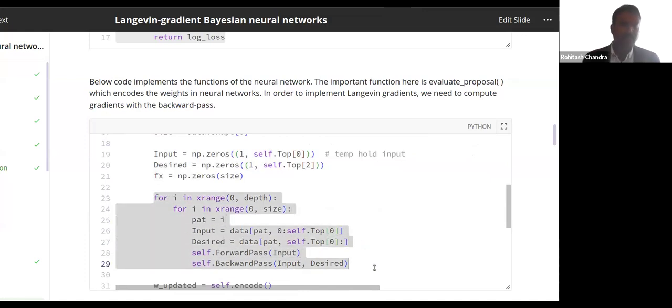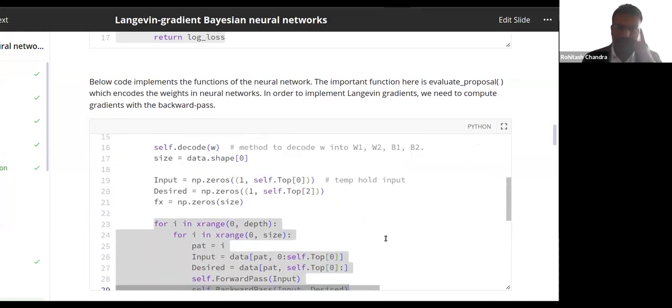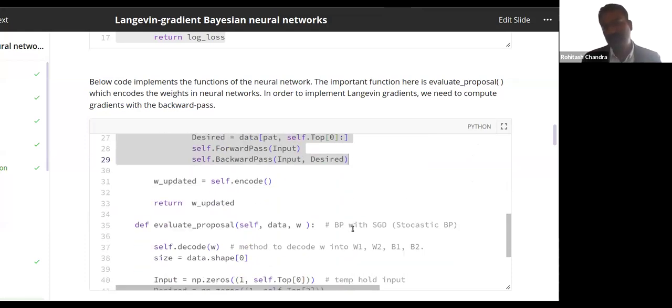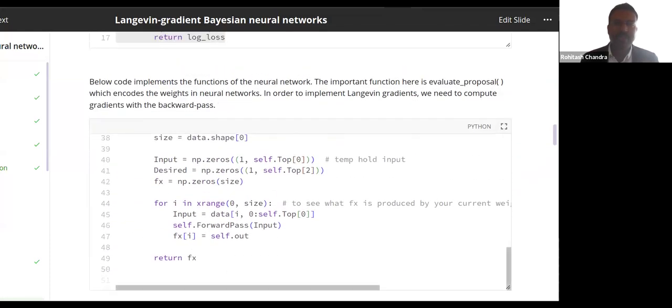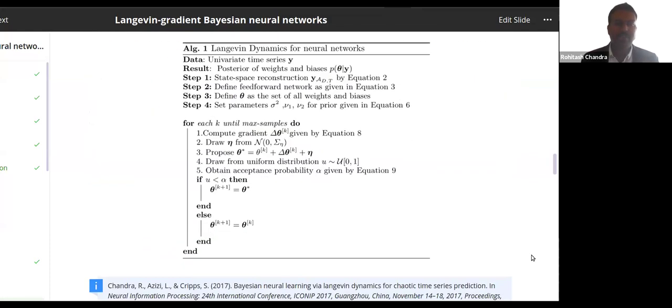This is done for just one epoch, so we do not have multiple epochs in there. That is the new thing that's added in your neural network class. Langevin dynamics is also called Langevin MCMC.